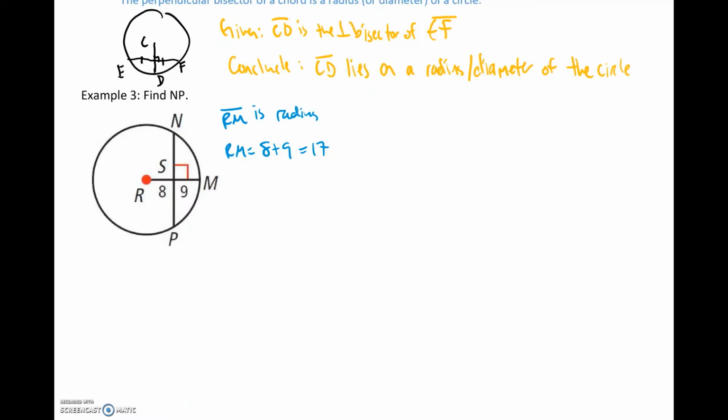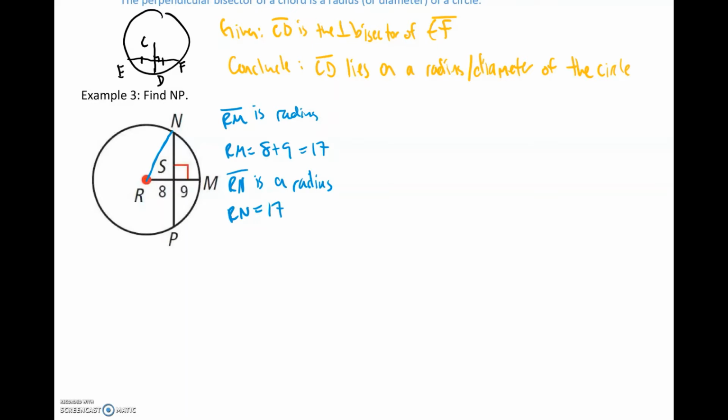Then I can also remember for any circle, I can connect the center R to any point to create another radius. So I can say, hey, RN is also a radius. And remember, all radii are congruent, because that's a definition of a circle, right? All points on the circle are equidistant to the center. So RN is also 17 because all radii are the same.